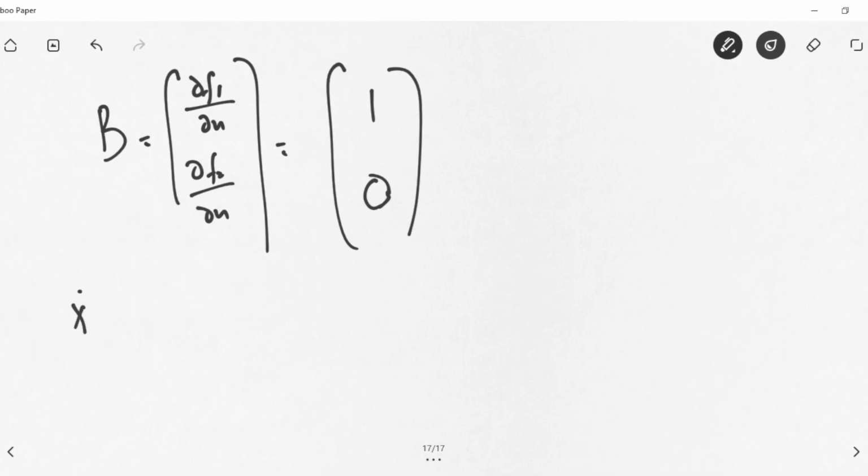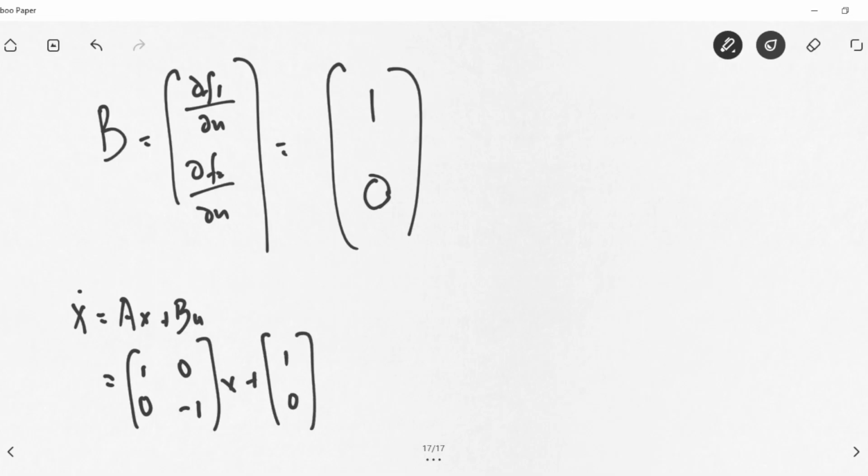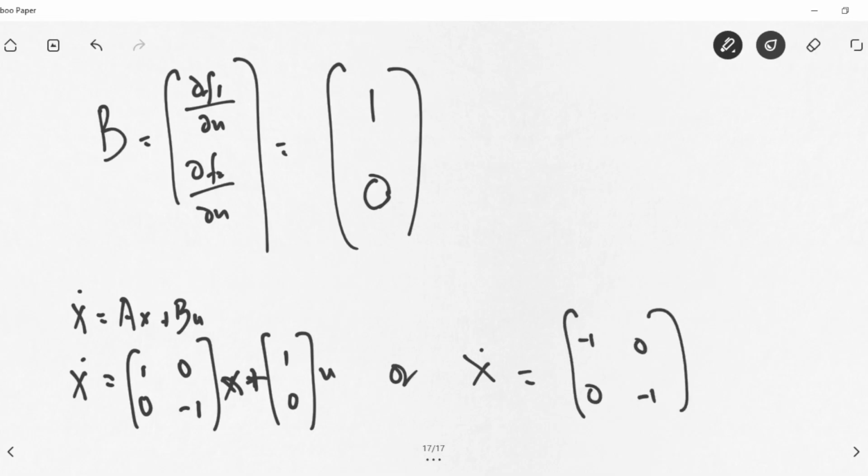So x dot equal to Ax plus Bu will represent the complete model in this case. So we will be having 1, 0, 0, minus 1 times x plus 1, 0 times u, and minus 1, 0, 0, minus 1 times x plus 1, 0 times u.